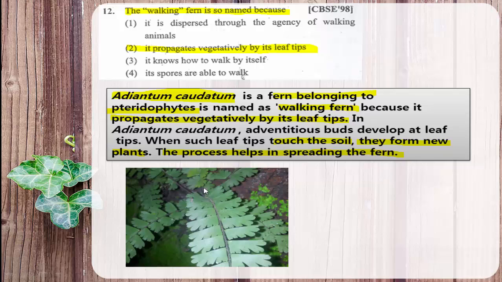Along the margins of the leaf, small adventitious buds develop. When these buds come in contact with the soil, they germinate and give rise to a new plant, and this helps in the spreading of the fern. That is why they are called walking fern. Then moving to the next question.